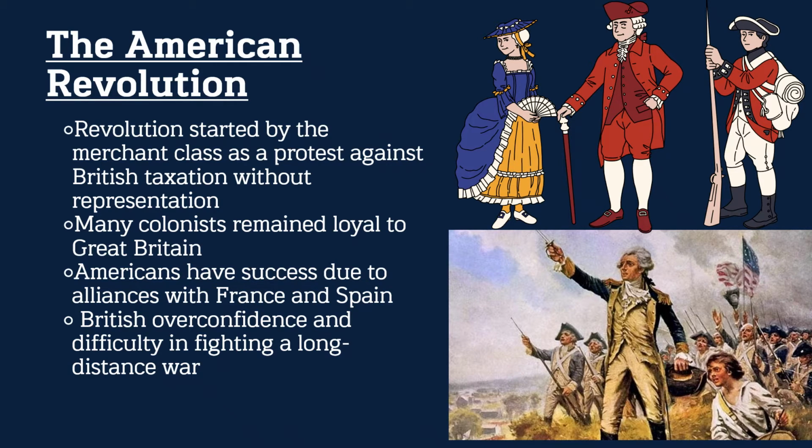Americans struggled for a long time to fight the British Army, and ultimately achieving victories at battles like Saratoga, they proved to the French and to the Spanish that they could compete and possibly even win the war against the British. The British were overconfident in the conflict, but the biggest factor is it was a war of attrition.